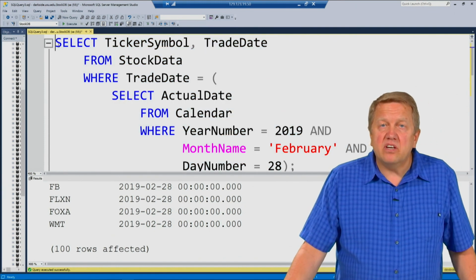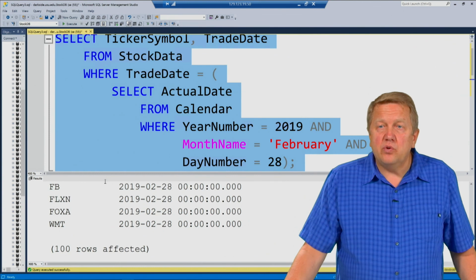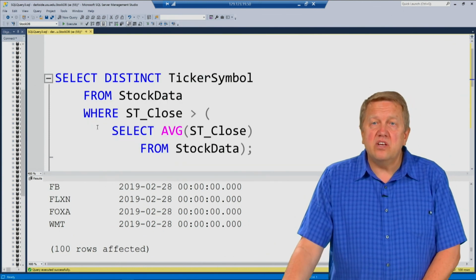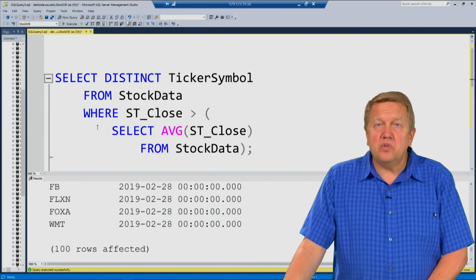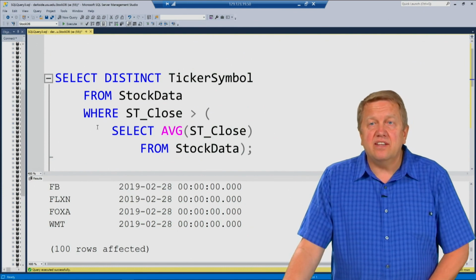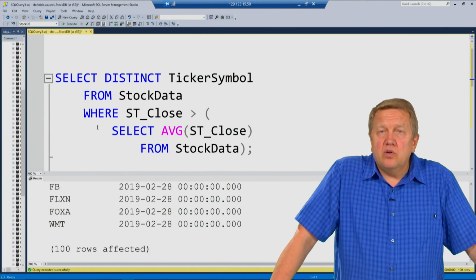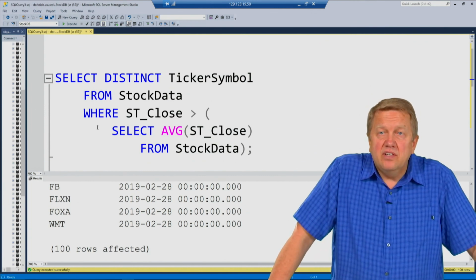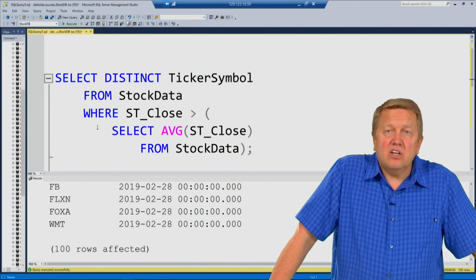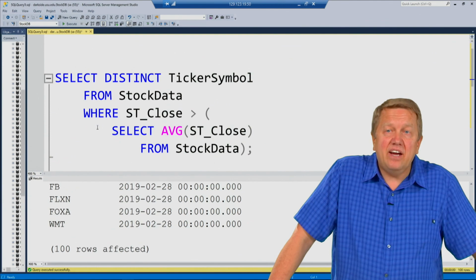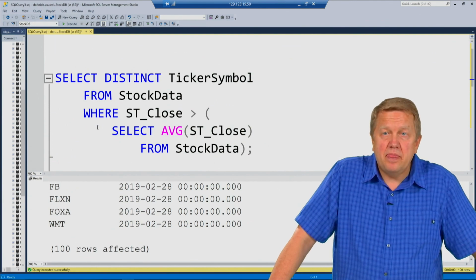Okay, let's pivot hard, and we're going to use a subquery in a situation that you can't use any other constructs to get the answer. What we're looking for with this query is ticker symbols that have a closing price that traded higher than the average closing price.